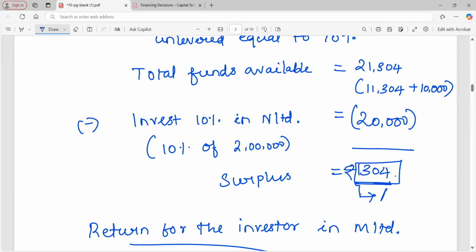So this is the arbitrage gain for the investor. Now the investor is able to earn the same amount of return with some amount of surplus cash in hand. So this 1,304 is the arbitrage gain for the investor.